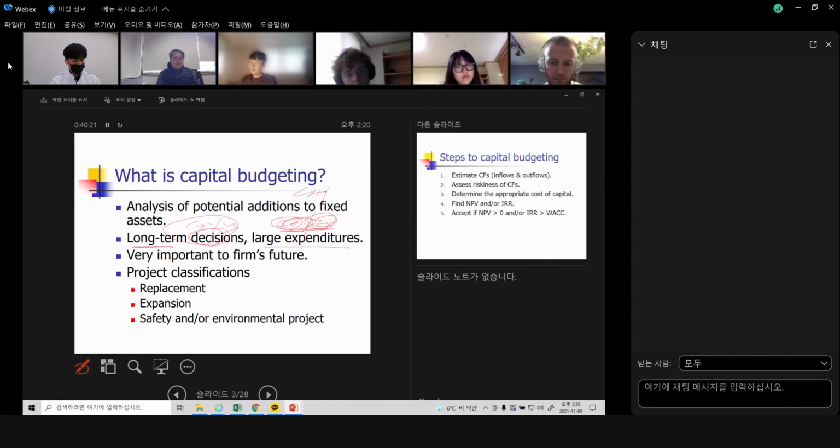And this is very important to form the future. Basically, to continue the sustainability of the company, capital budgeting is the most important thing.